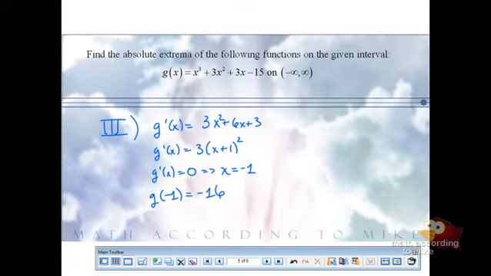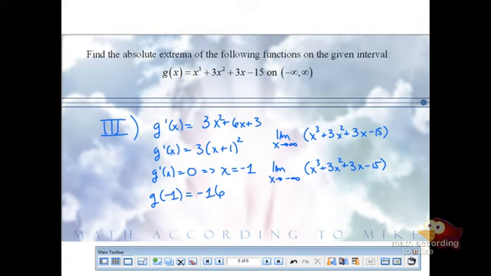And its corresponding y value is negative 16. So off to the side, what we do is we find the limit as x approaches infinity of the function. And then we'll also do as x approaches negative infinity of the function.